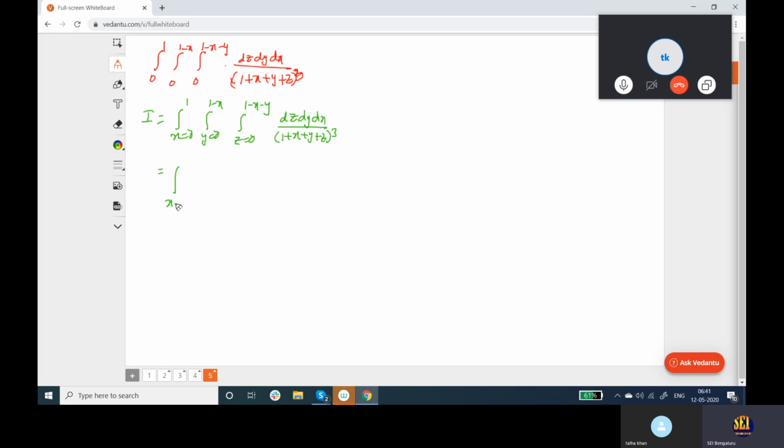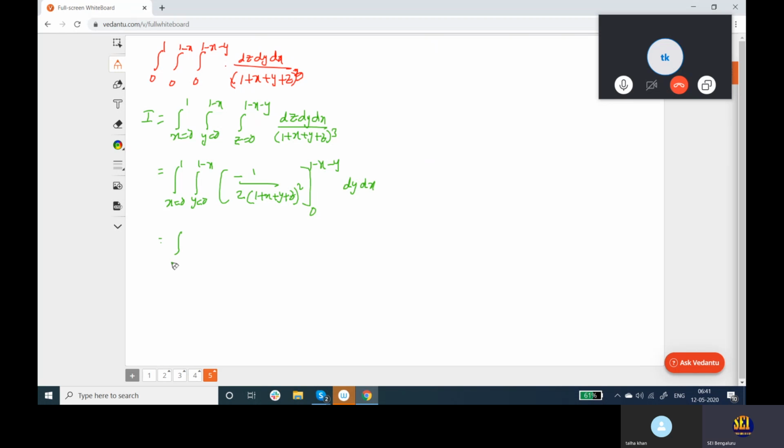Now integral x is equal to 0 to 1. Integral y is equal to 0 to 1 minus x. Here 1 by x. Integral 1 by x minus 1 by x square. On that case means x cube, right? 2x square. So 1 plus x plus y plus z whole square. Limits we can apply 0 to 1 minus x minus y into dy dx.